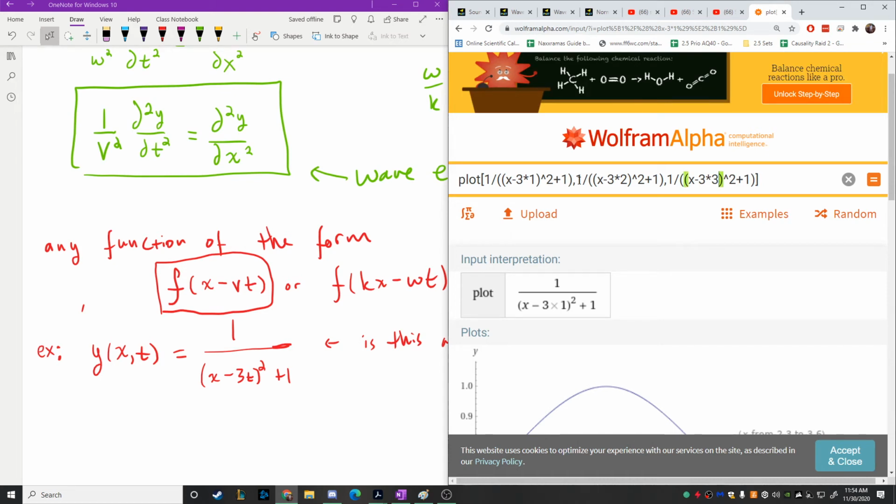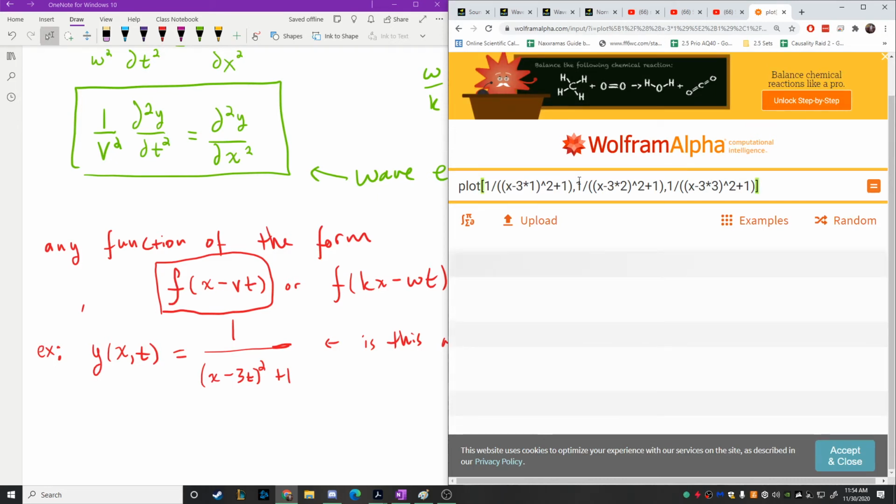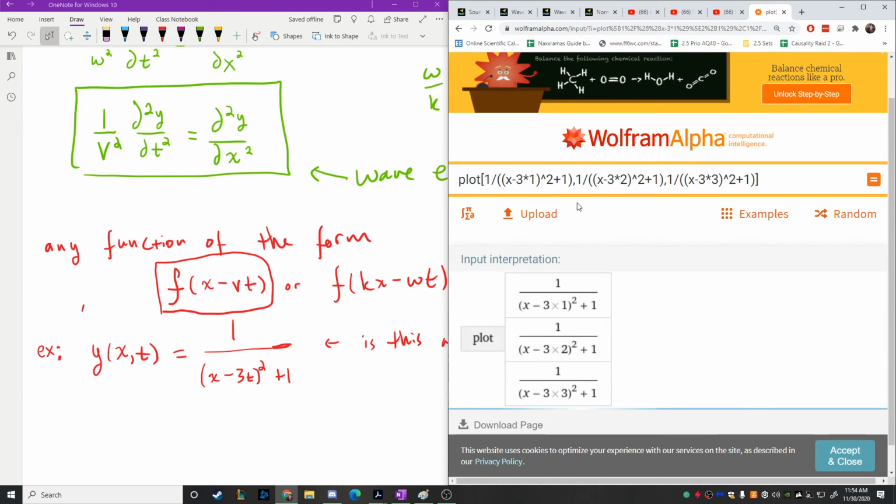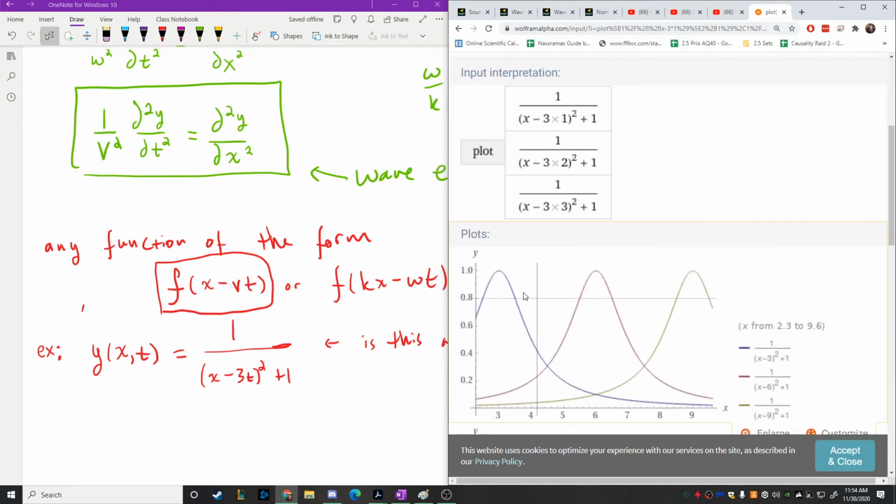And then we should get 3 pulses, one representing t equal to 1 second, one representing a second later at t equal to 2 seconds, and then one representing t equal to 3 seconds. We plot those three functions, we'll get a traveling wave. Here's our wave at t equal to 1, here's our wave at t equal to 2, here's our wave at t equal to 3. It's a pulse that travels to the right, right?